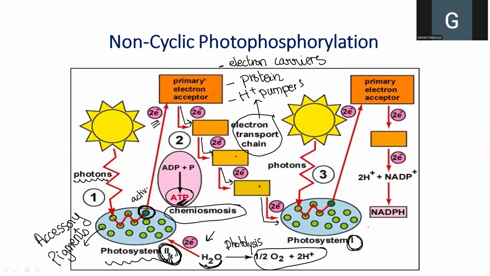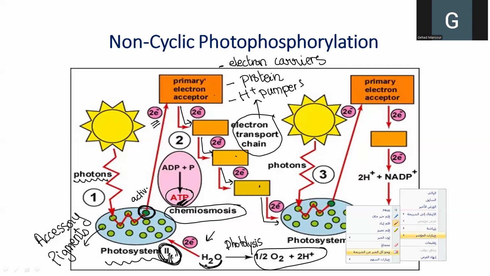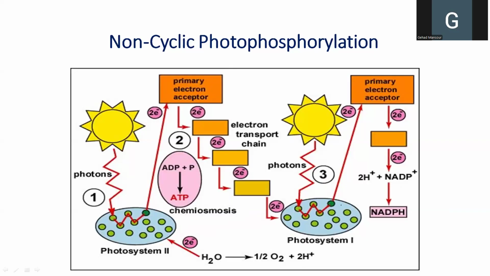And then these electrons reach photosystem 1, which is at the same time exposed to solar energy and which experienced the same changes that occurred to photosystem 2. So the action center of the photosystem, which is the chlorophyll molecule, lost electrons, and these electrons have been accepted by primary electron acceptors, and electrons are transferred along the chain.